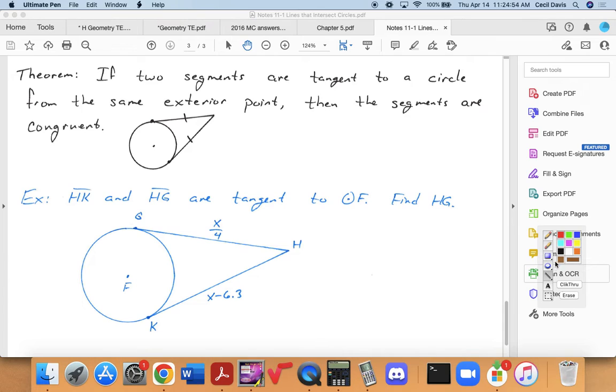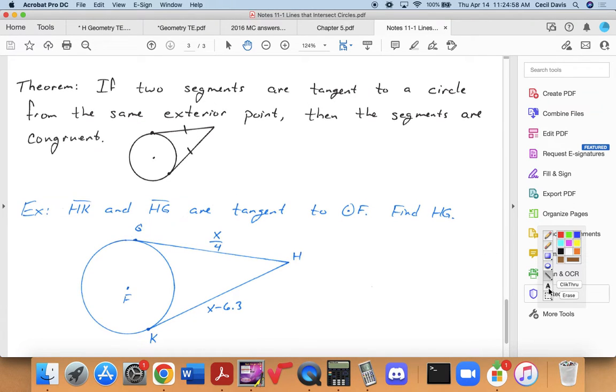Again, don't worry about writing this down, but let's take a look. If I was to draw in a radius to both points of tangency, what do I know about the lengths of these two radii? Yeah, the two radii have to be congruent, right? And I know that that's a right angle, and that this is a right angle.